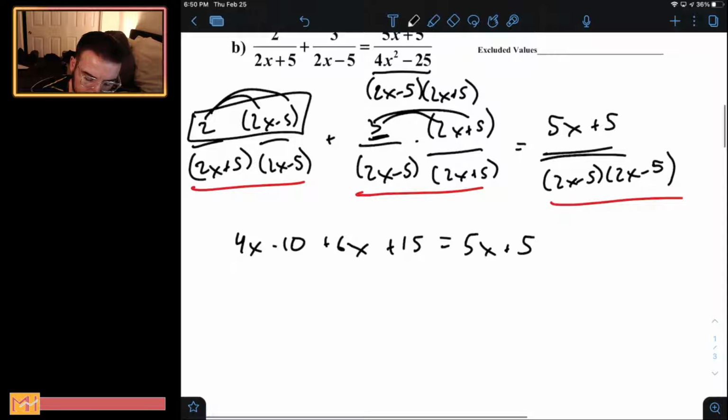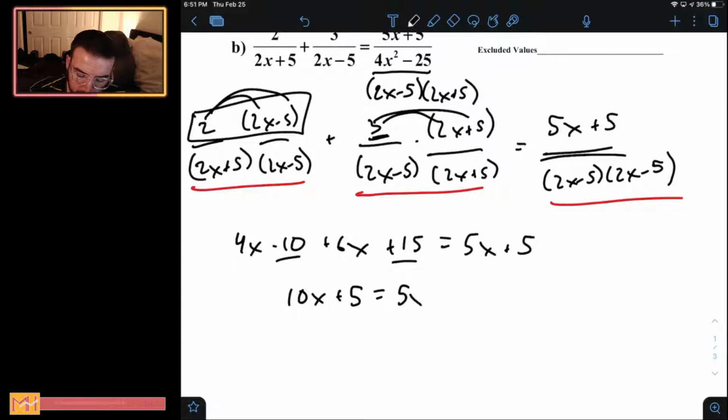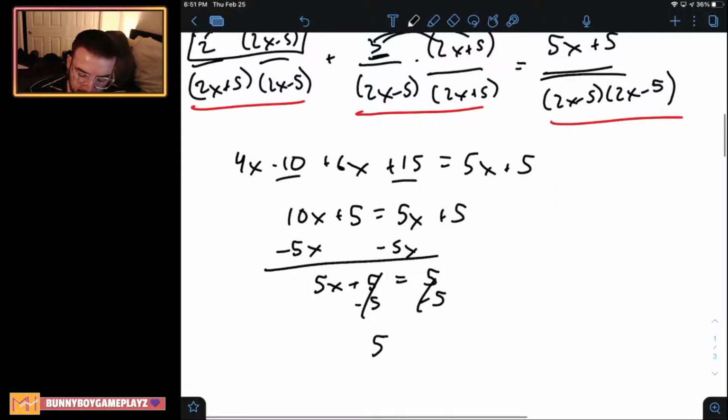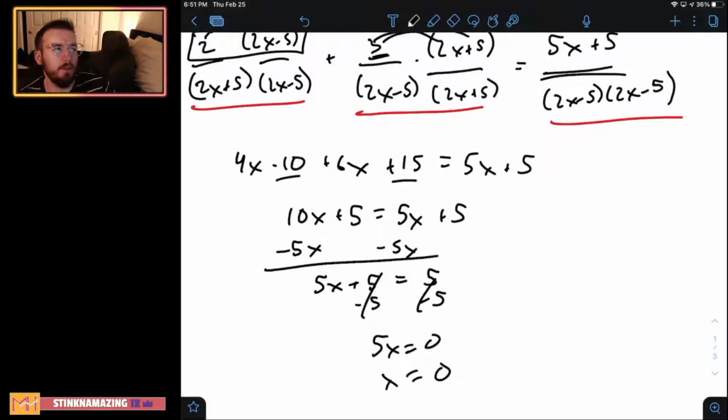So 4x and 6x make 10x, negative 10 and 15 make positive 5. I need to subtract the 5x over, and I get 5x plus 5 equals 5. That's just going to cancel out, and we're going to have 5x equals 0, so x equals 0.